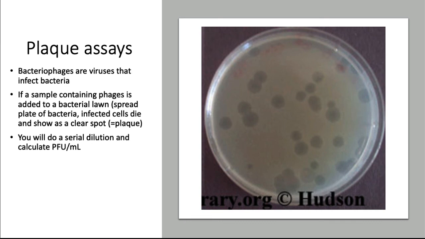So you'll be looking at a plate with, let's say, between 25 and 150 plaques, which are easier to count, and then you multiply by whatever dilution factor you used. So it's the same procedure that you'd use for CFUs, but in this case you are counting plaque forming units, not colony forming units.